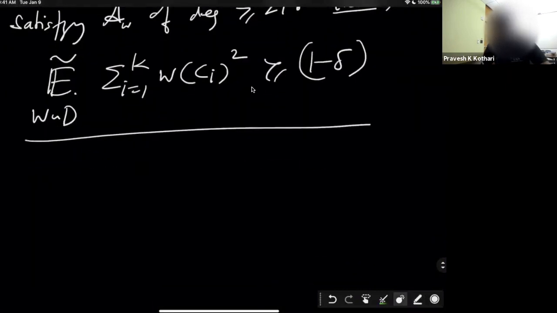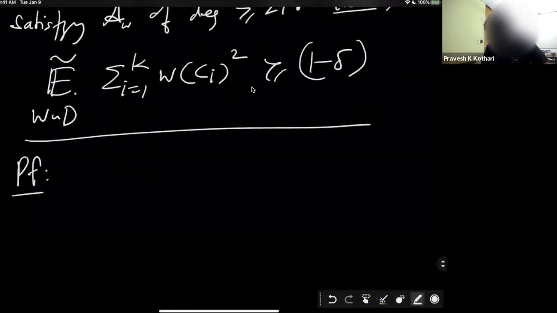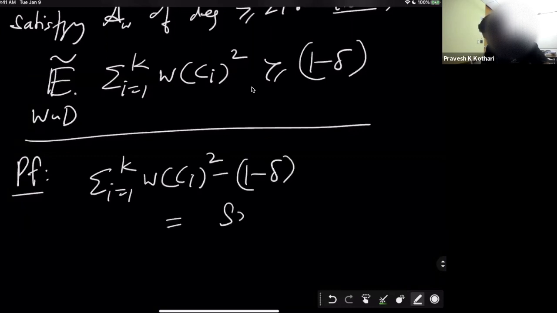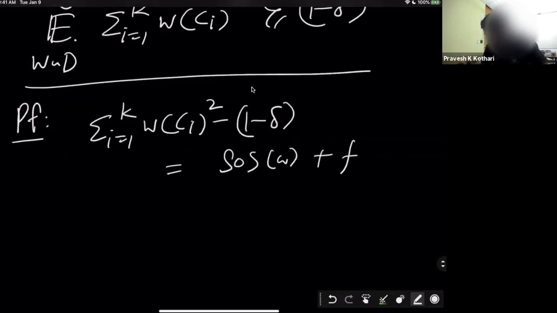Well, we proved, or at least we sketched, that sum over I equals k of WCI square minus 1 minus delta is SoS of W plus some F, which is in the SoS combinations of AW.